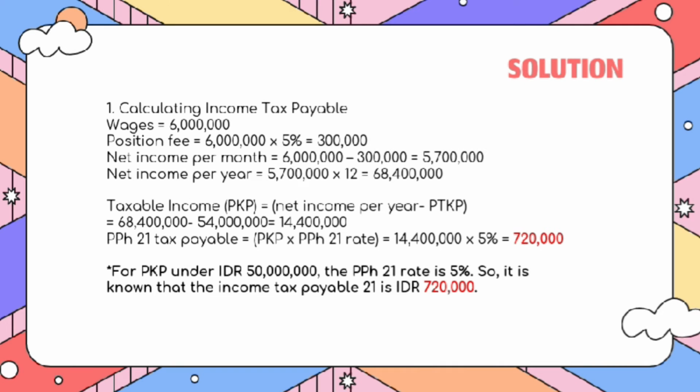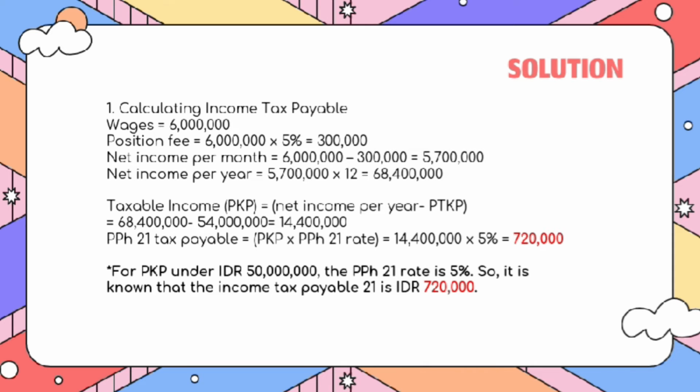So here's the solution. For the example before, we know that the wages is 6 million. So we must find out about the position fee. The position fee we got from 6 million multiplied with 5% and we got 300,000. And net income per month we got 6 million deducted with 300,000.